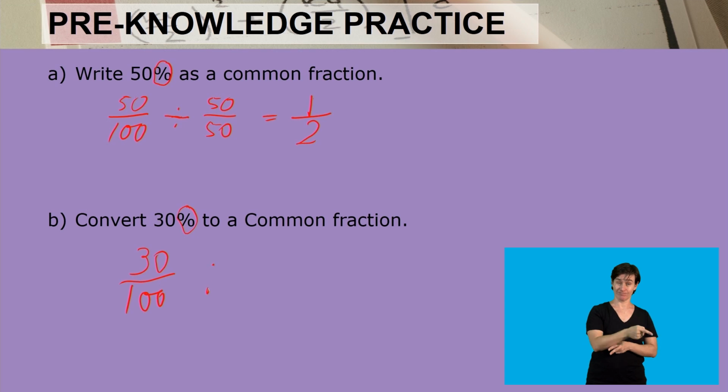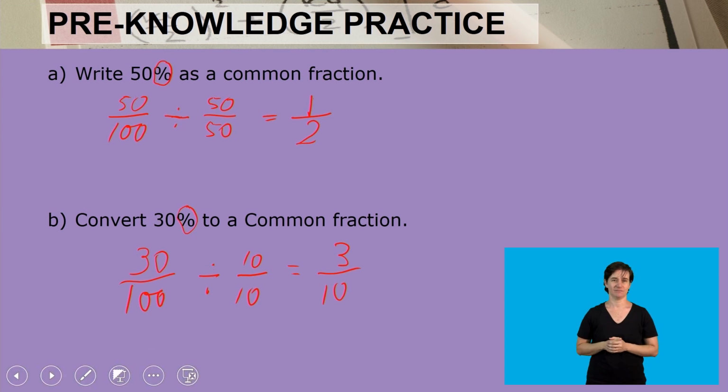And then we again divide, but this time we need to divide by a number that will make these numbers smaller, and that would be 10. 30 divided by 10 becomes 3, and 100 divided by 10 becomes 10. So that is now the common fraction for 30%.